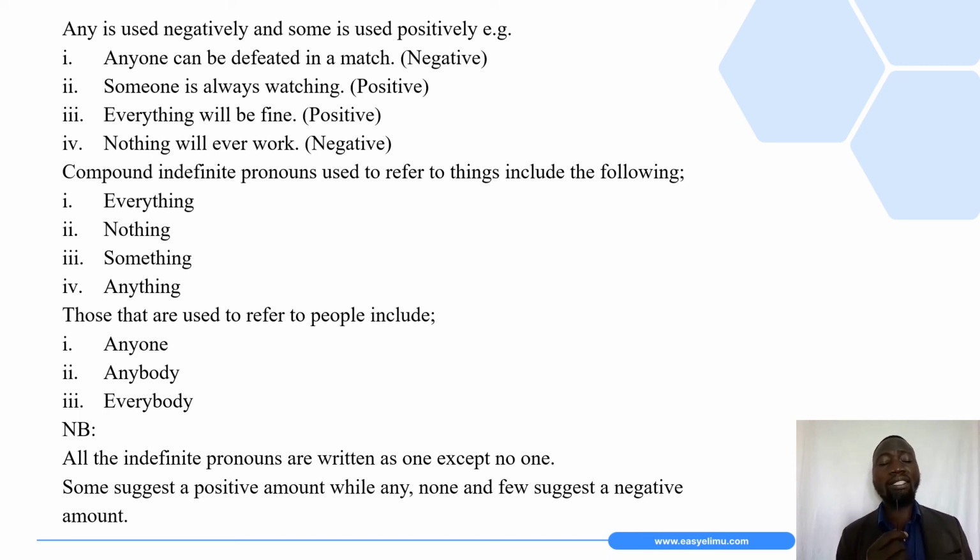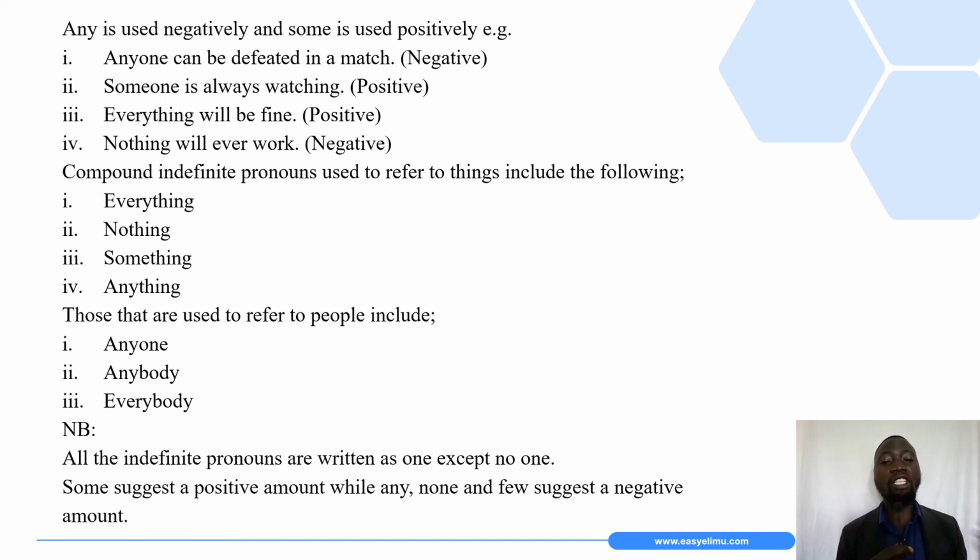So in most cases, when we talk about some or every, we refer to positive things. But when you talk about none or no, or few, we refer to negative things or qualities.